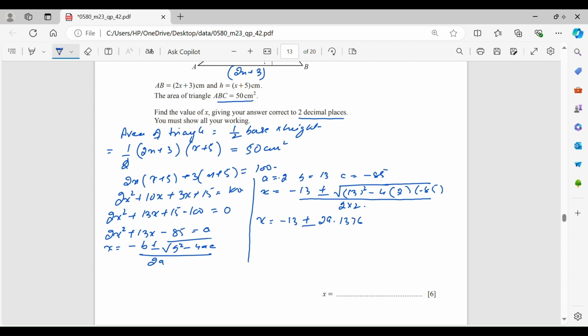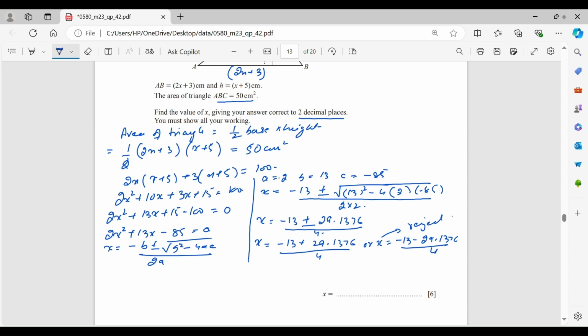29.1376 over 4. Now for this, x will be equal to minus 13 plus 29.1376 over 4, or x is equal to minus 13 minus 29.1376 over 4. We will reject this value because x cannot be negative, so we don't need to solve this also.